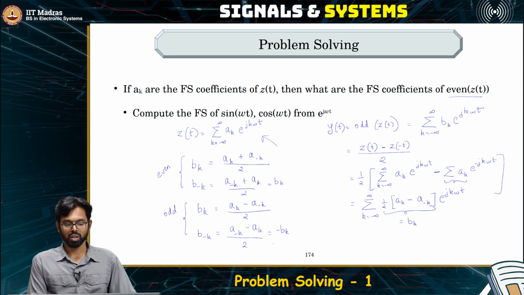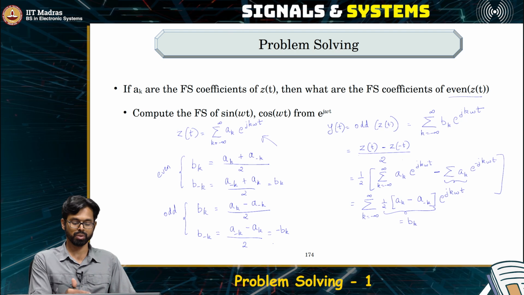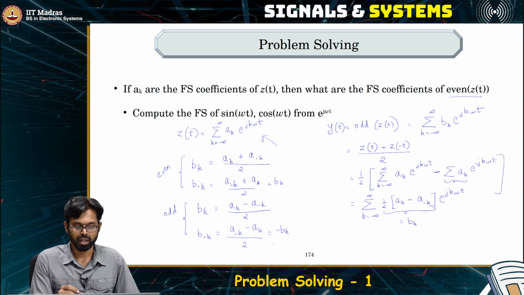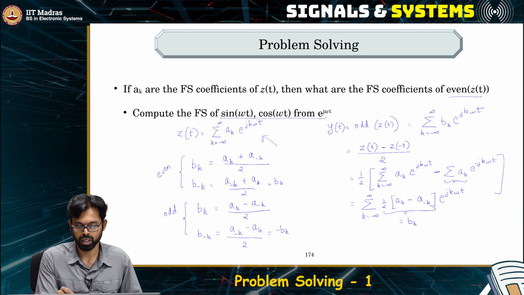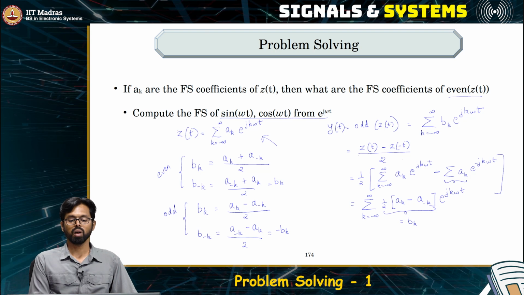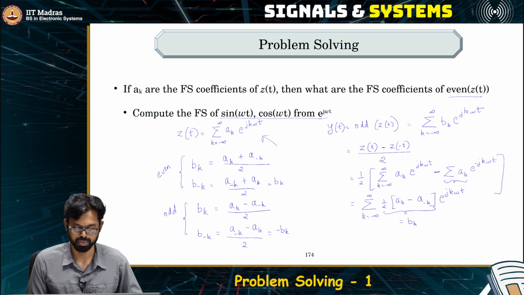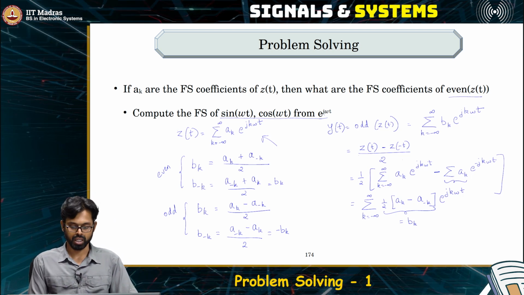So we now found out the Fourier series coefficient of both even and odd part of the signal in terms of the Fourier series coefficients of the original signal. Now using this, can we find out the Fourier series coefficients of sine omega t and cos omega t from the Fourier series coefficient of e power j omega t? So what is the Fourier series coefficient of e power j omega t? That's the first question.